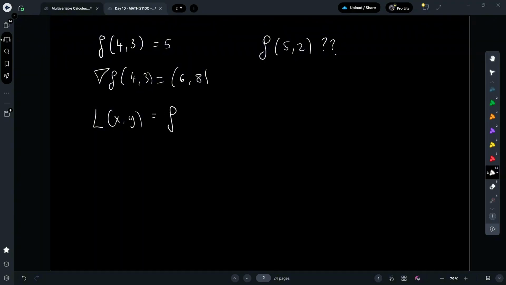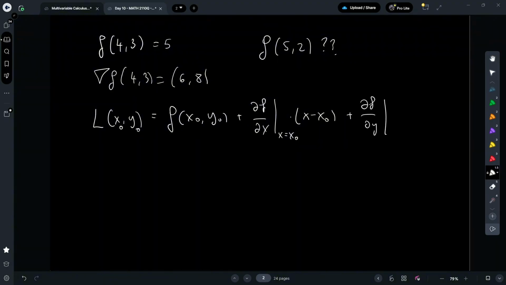If I want to approximate at a point nearby, it's going to be the value at that point plus the partial derivative with respect to x at that point times x minus x naught, plus the partial derivative with respect to y, at the entire point, times y minus y naught.